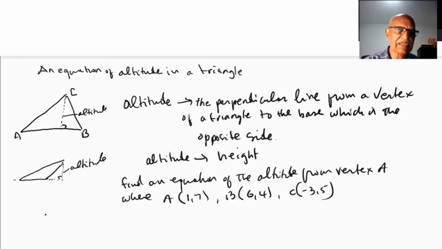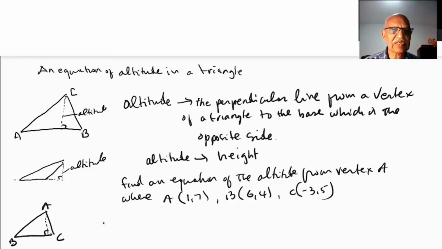Okay, let's visualize this one here. If this is my A, this is my B, this is my C, altitude is from here, which is 90 degrees. This is the equation of altitude we are looking for.